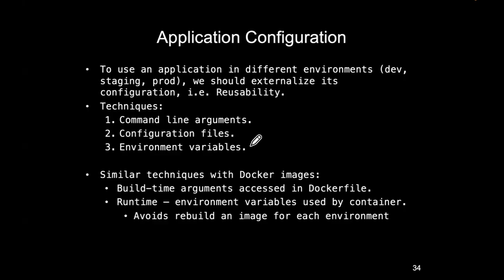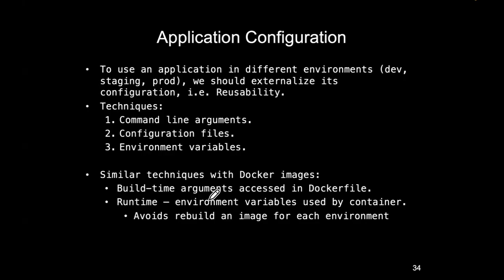When we're talking about Docker images specifically, then there are actually two options available to us. We can pass command line arguments when we build an image. We had no use case for it in any of the Docker images that we were building, but you can do that, and you simply pick up those arguments. You can reference them in the Dockerfile.